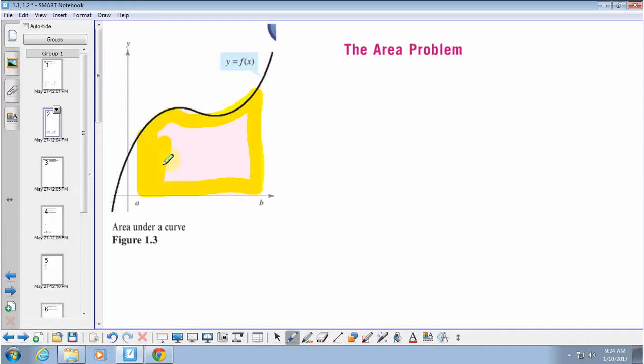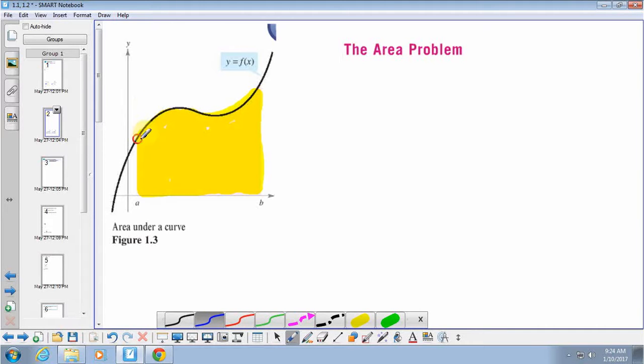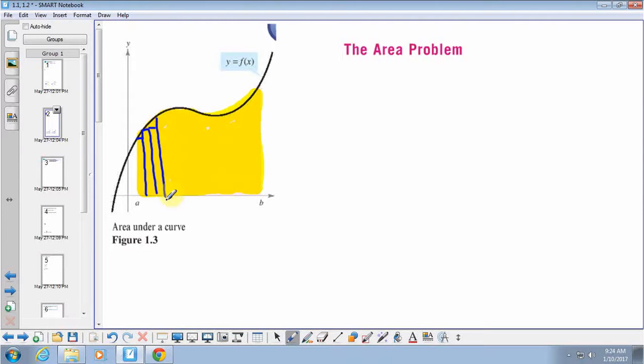you want to find this area that I've highlighted here under this curve. How do we do that? Well, we can draw inscribed or circumscribed rectangles in here of a uniform width. And what we can do is find the area of each one of these rectangles and add it up.